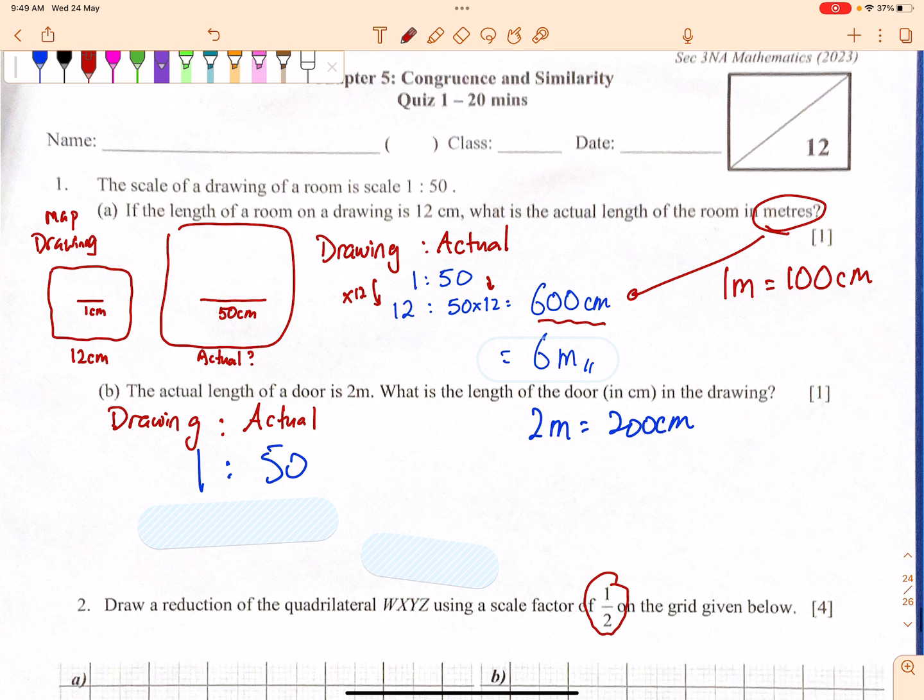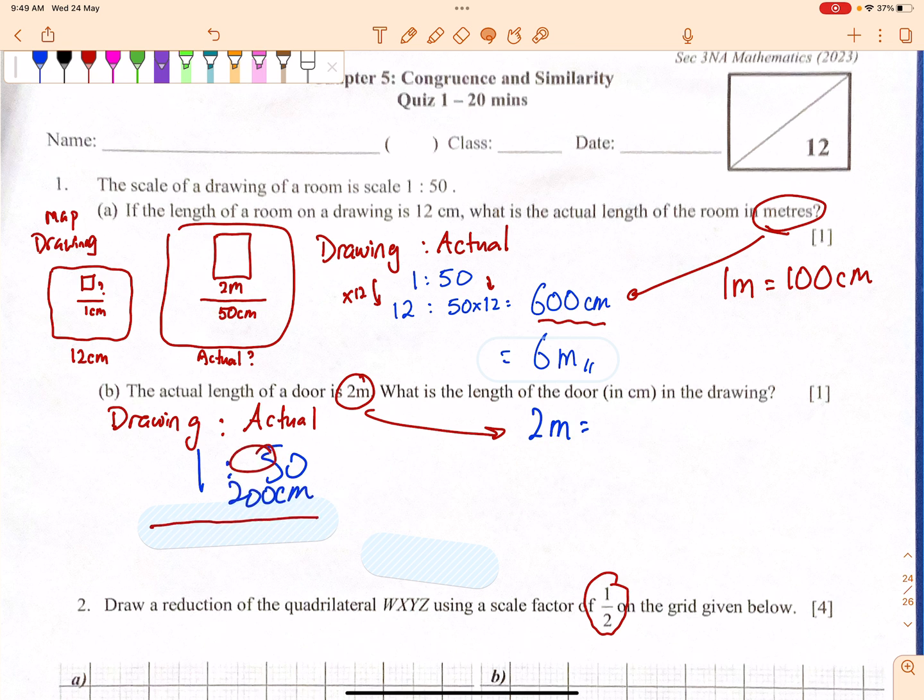Now next one, if the actual length of the door is 2 meters. So again, if this door is 2 meters, then on the small drawing, then how big is it? So first I want to understand it as cm, because they are asking in cm. So 2 meters itself is actually 200 cm. So the question is, this 200 cm, should I place it under the actual or drawing, right?